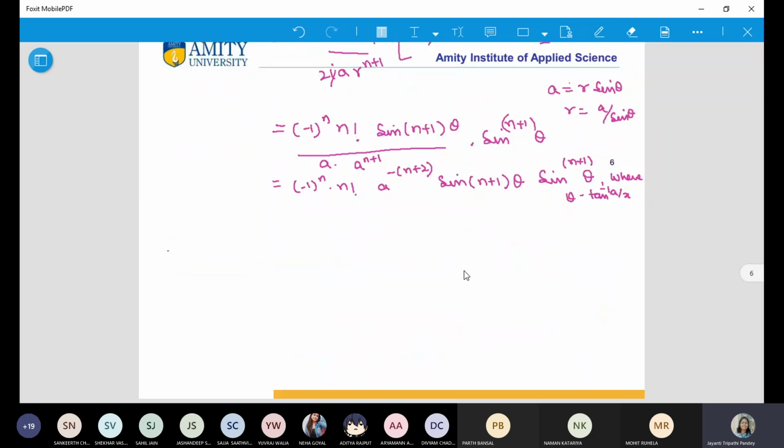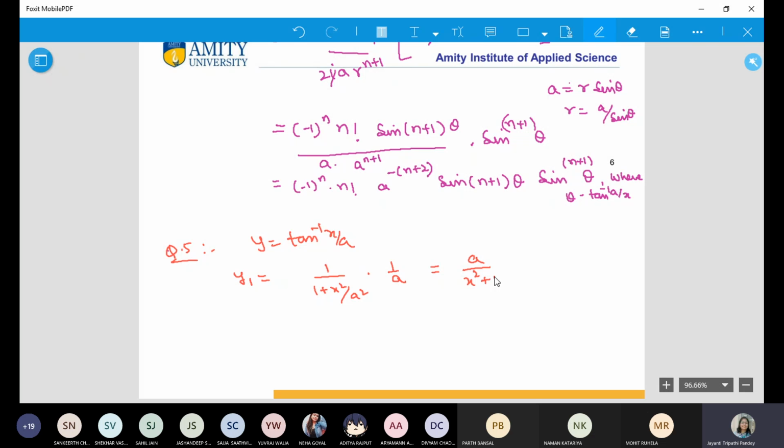I'll give you an example and I expect you to solve those. There is one such question: y is equal to tan inverse x by a. It's not visible in this manner directly, but the moment you find y1, it will be 1 upon 1 plus x square upon a square into 1 by a, which will give you a upon x square plus a square.